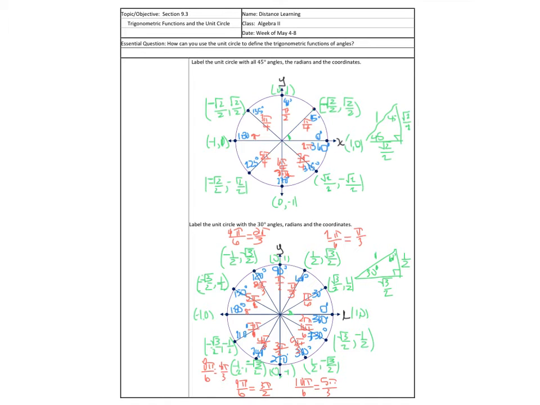All right, welcome to day 2 of our section 9.3, looking at trigonometric functions on the unit circle. So the previous day we went through our unit circle and our 45, 45, 90, and our 30, 60, 90, all those angles, and we labeled them with our radians, our degrees, and then our coordinates.